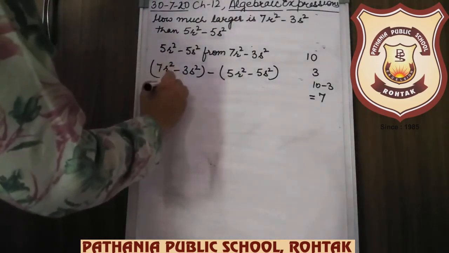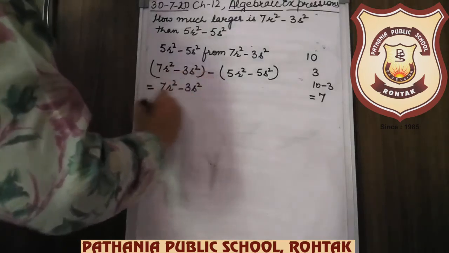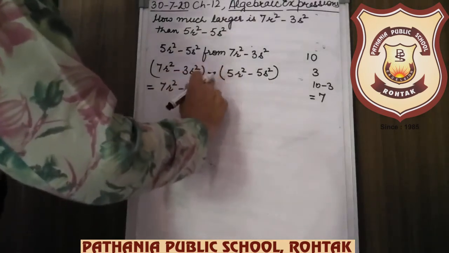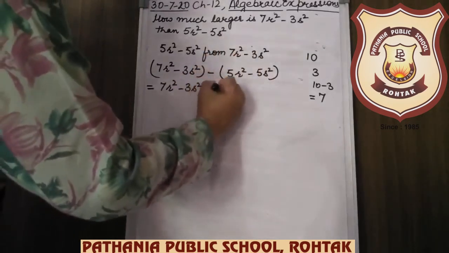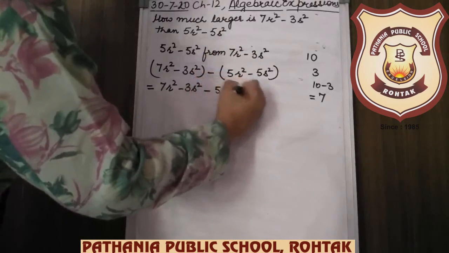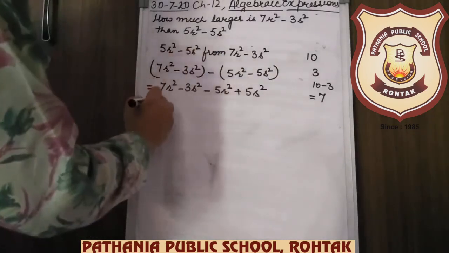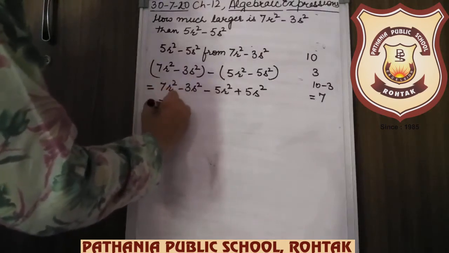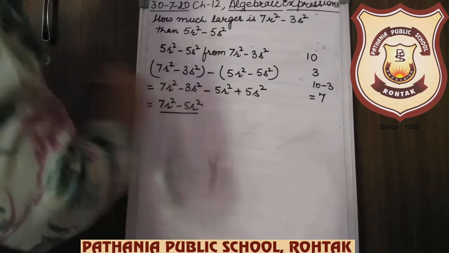Now open the brackets, 7r square minus 3s square. Now I told you when a negative sign is in front of the bracket, the signs of each term will change. Minus 5r square plus 5s square. Now collect the like terms, 7r square minus 5r square.